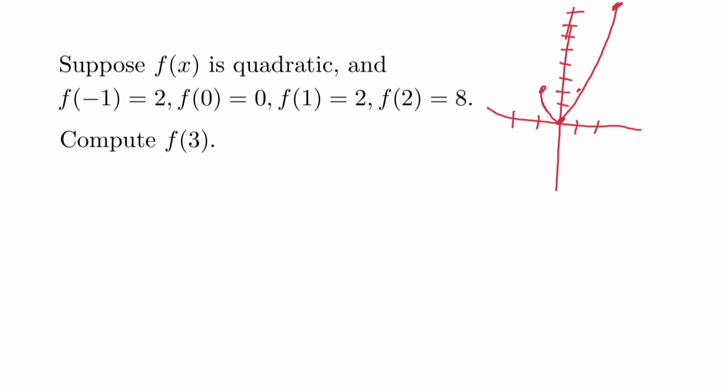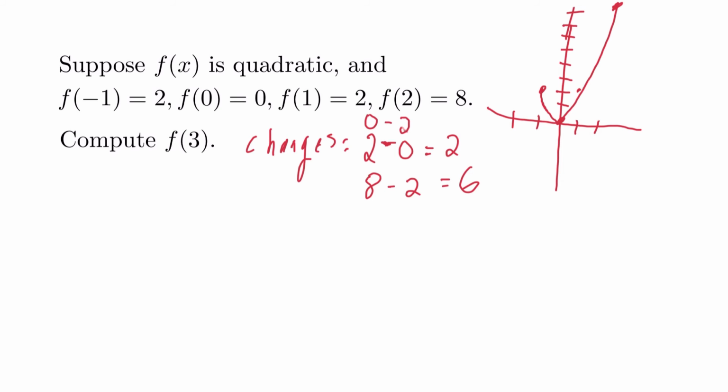So what are the changes here? The changes are 2 minus 0, so 2. And then 8 minus 2, so 6. And then we need one more point. What's the rate of change from minus 1 to 0? It's minus 2.